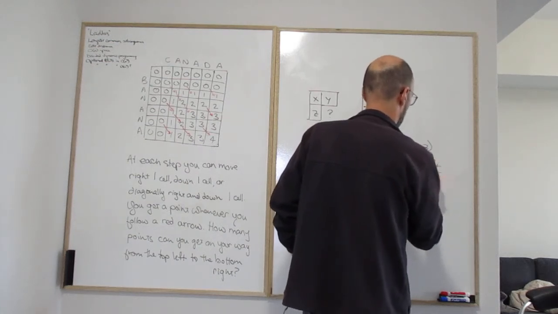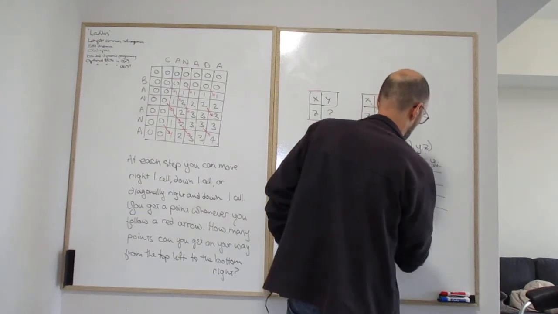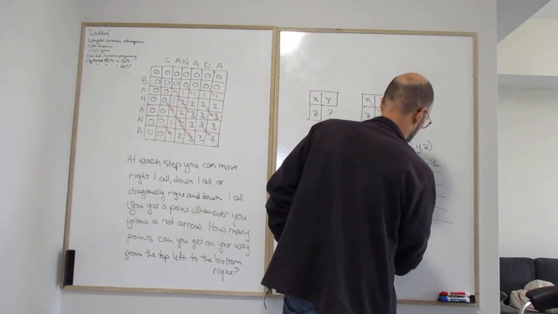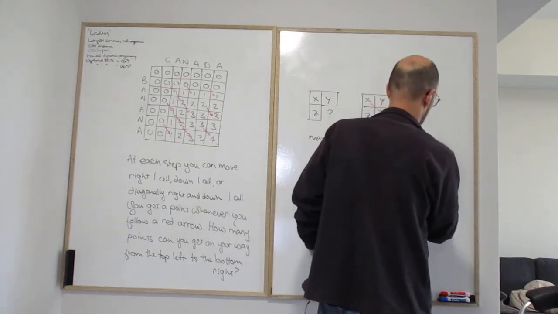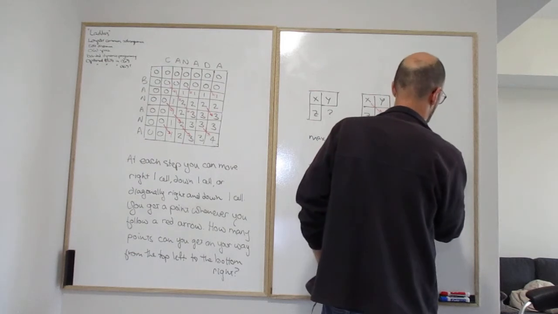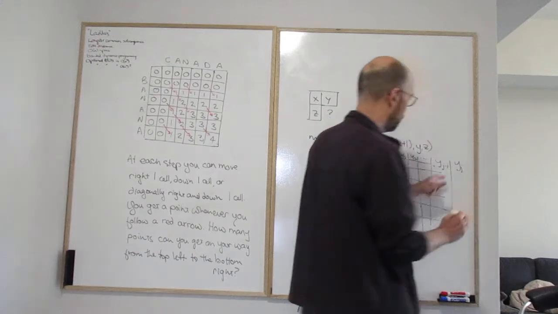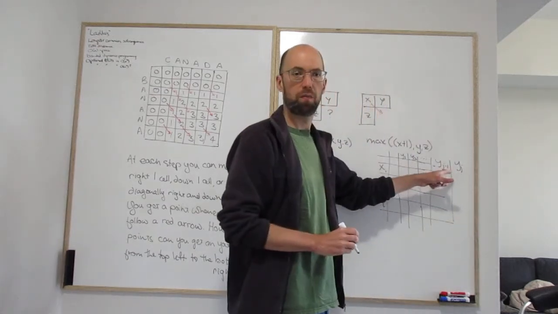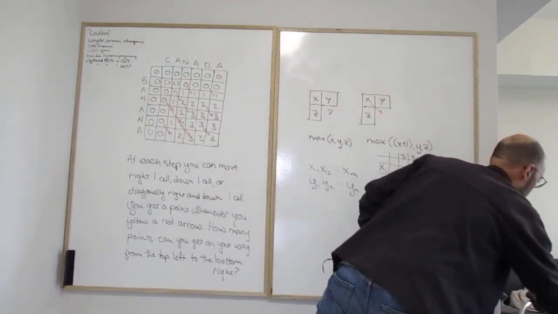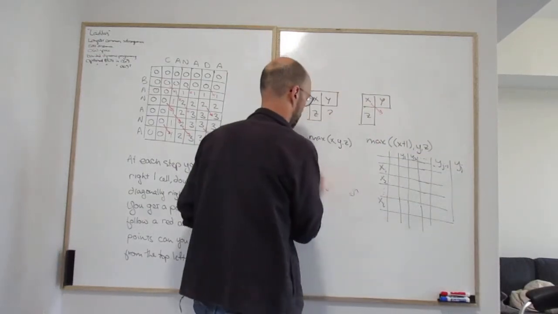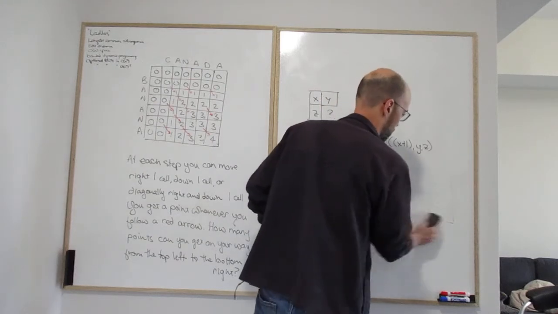So let's suppose we're working out yj minus 1, yj. Can you see this? Maybe not. I use black too much.